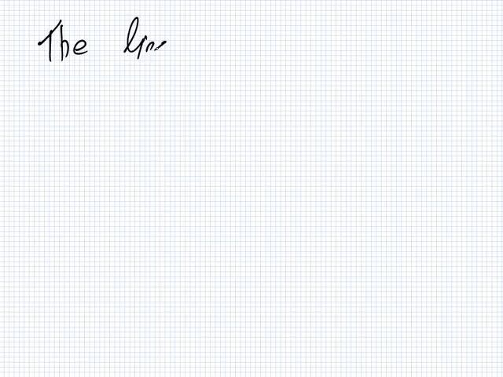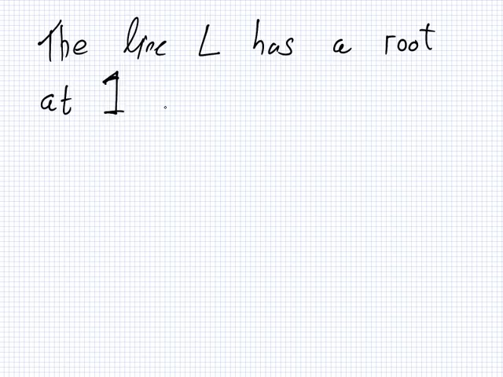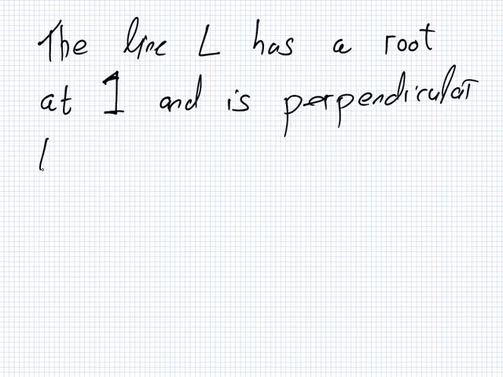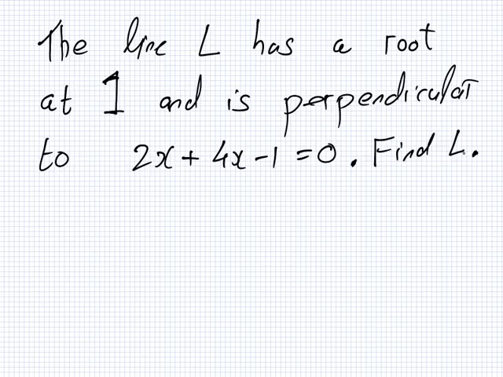The line L has a root at 1, and is perpendicular to 2x plus 4y minus 1 equals 0. Find L. 2x plus 4y minus 1 equals 0.